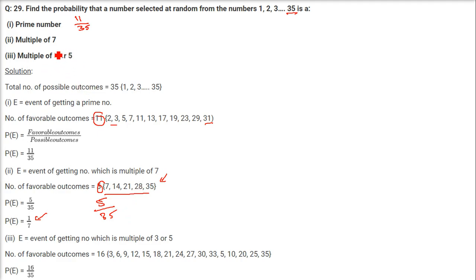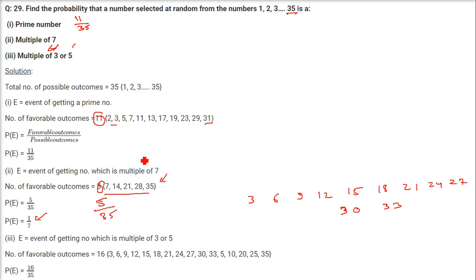How about a multiple of 3 or 5? Let us take the table of 3 and the table of 5, write them, and take the common ones. 3 ones are 3, 3 twos are 6, 3 threes are 9, 3 fours are 12, 3 fives are 15, then 18, 21, 24, 27, 30 and 33, and 36 will go out, so we stick around here.